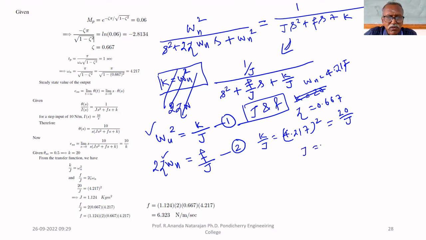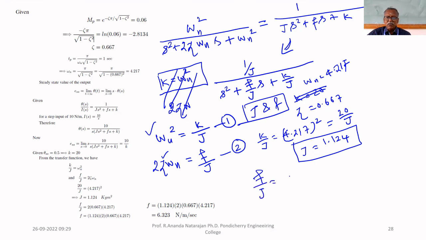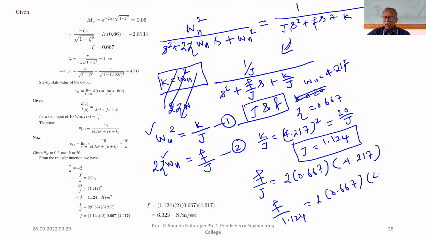Therefore, J equals 1.124. f by J equals 2 zeta omega n, that is 2 into 0.667 into 4.217. J we also know, 1.124, so f equals 2 into 0.667 multiplied by 4.217 multiplied by 1.124.